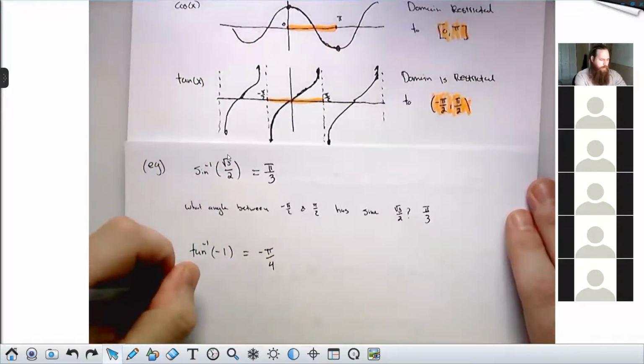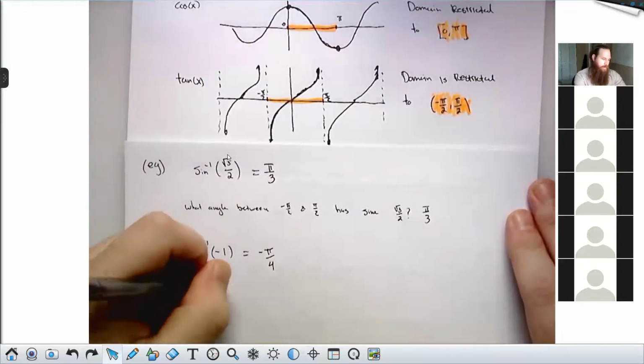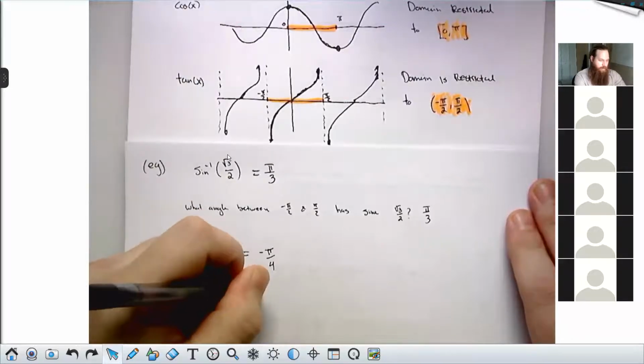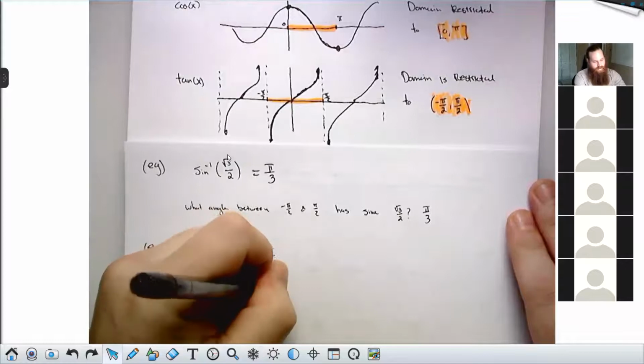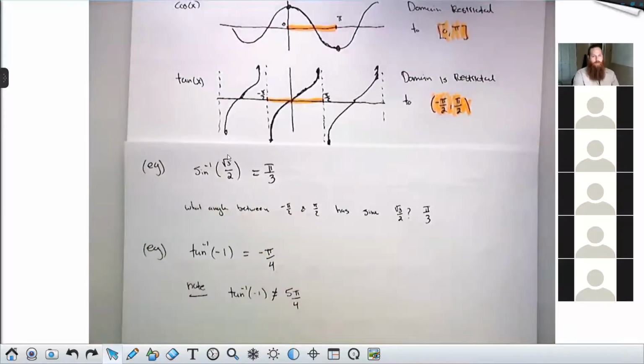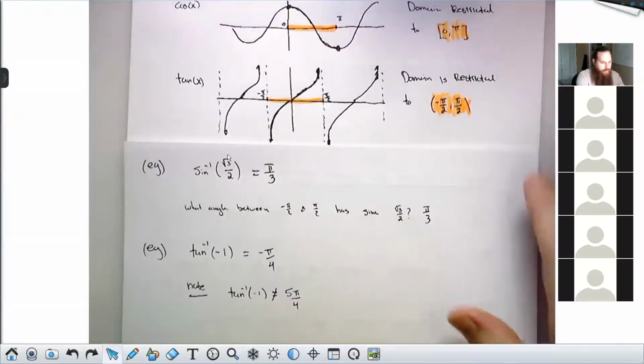A quick note. Couldn't 5 pi over 4 work too? So tangent inverse of negative 1 is not 5 pi over 4. Who can explain why? Oh, it's outside the domain. It goes clockwise. Very good.